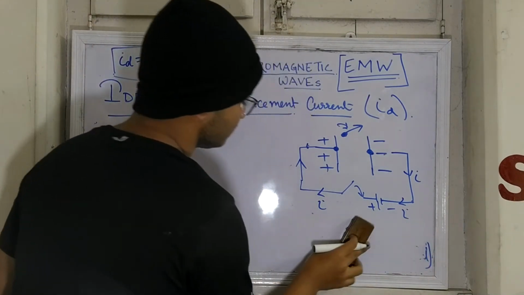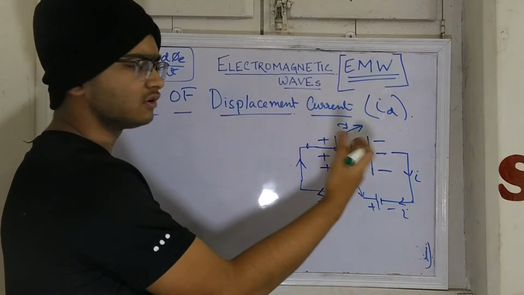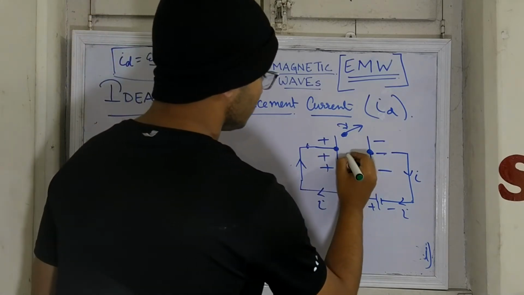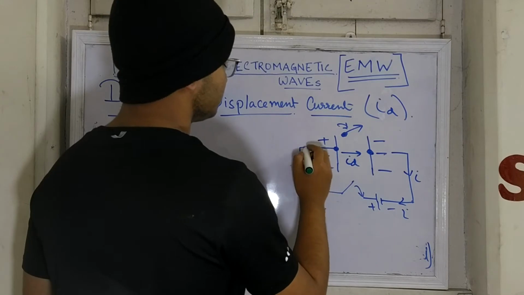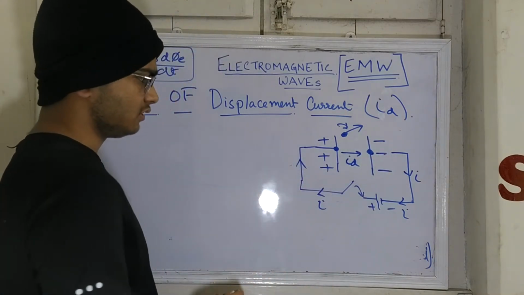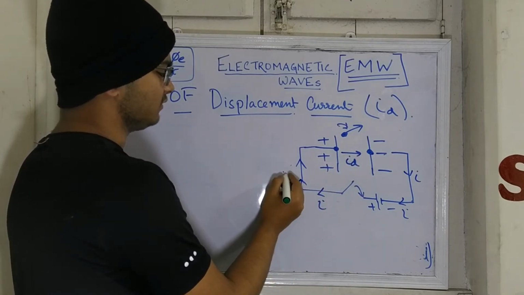So according to Maxwell, a change in electric field is produced here, for which a magnetic field was being generated, and for this magnetic field, ID or displacement current was being generated between these two plates of a capacitor, for which the circuit was complete. Now this ID, he said, is different from this IC.